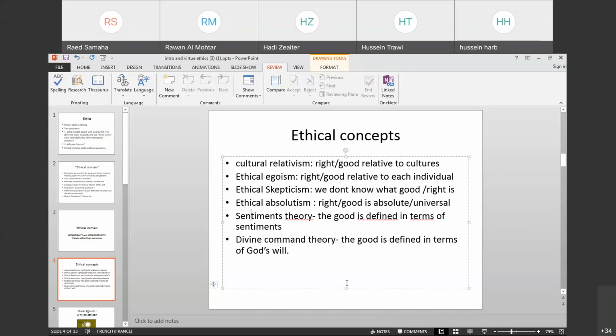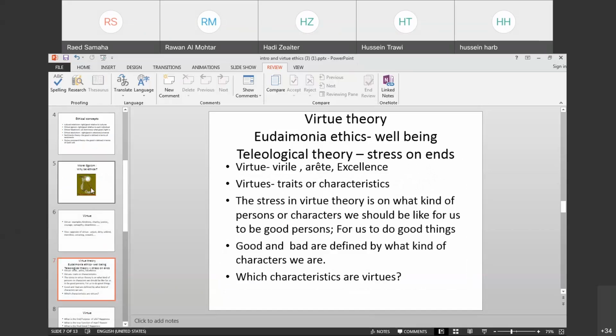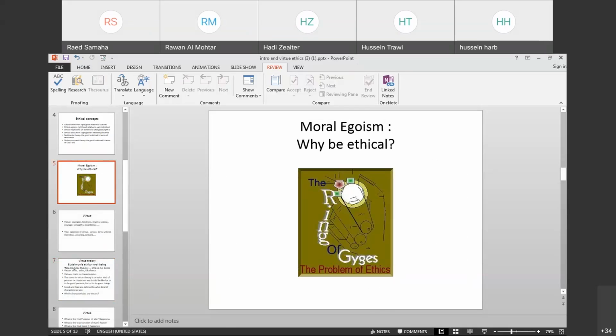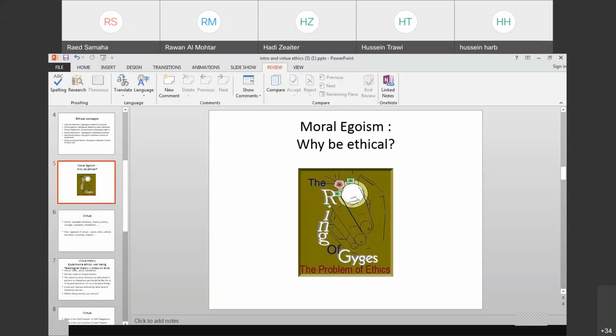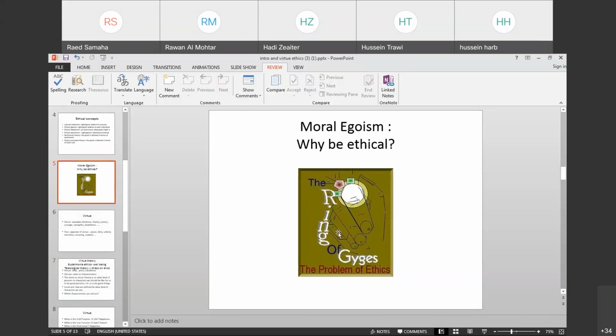I wanted to share with you, I was watching Lord of the Rings yesterday. Have you ever heard of the Ring of Gyges? Do you know, guys, the movie Lord of the Rings? Okay, I leave you with this exercise for now.